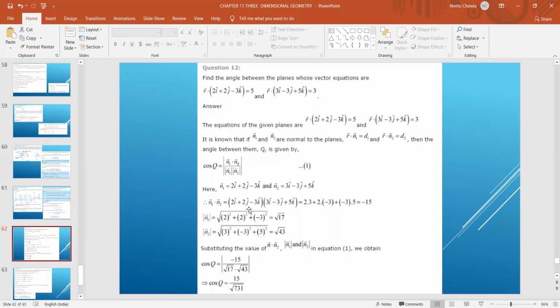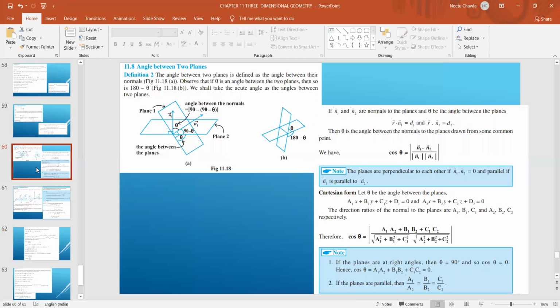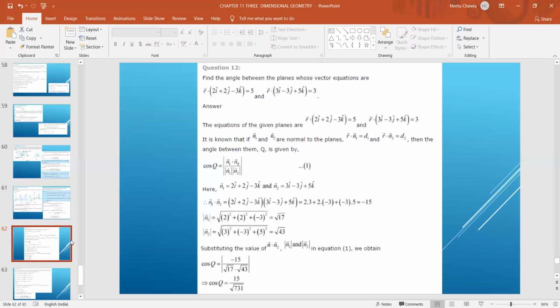Cos theta: putting the values, n1 dot n2, I am getting here minus 15, and then finding out their modulus, root 17, root 14, and substituting the values, I am getting 15 upon root 731. The angle between two planes uses the formula which we did just now, n1 dot n2 upon magnitude of n1 into magnitude of n2, and this was your question based on this.